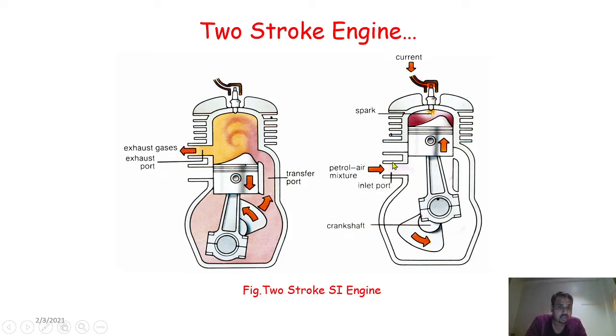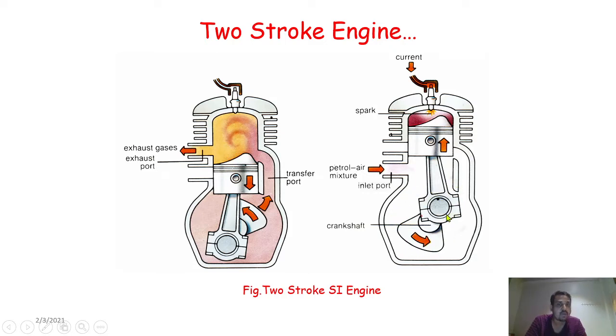During suction, when the piston is moving from BDC to TDC, the inlet port opens. In the diagram the inlet port is closed, but when the piston moves from bottom to top, the piston uncovers the inlet port and it remains open. In this position, the external air-fuel mixture comes inside the crankcase.